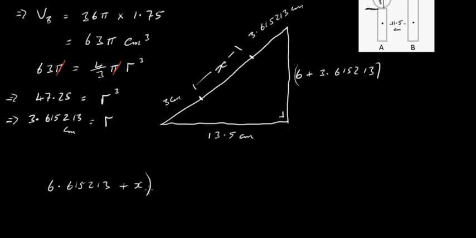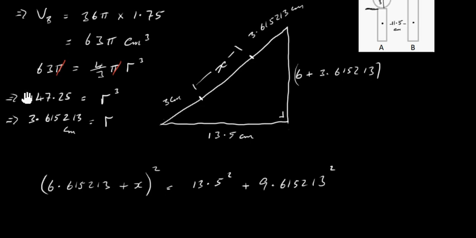So I've got to add the x here, and I've got to square that. So I've taken this entire side, these 3 added, in other words, and I'm squaring it. So that's my hypotenuse squared. That's going to be equal to 13.5 squared plus this here is 6 plus 3, which is 9.615213. Okay, and that's going to be squared.